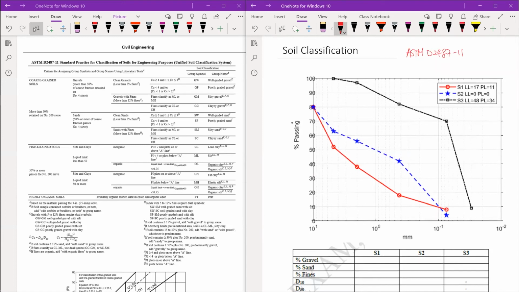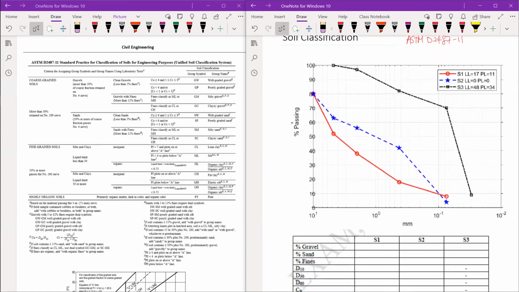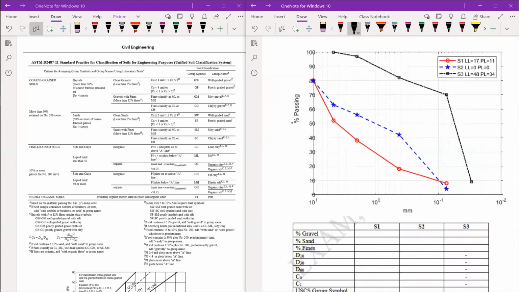First, when I see this grain size distribution curve, we need to read the axes. The y-axis is percent passing, and the x-axis is the particle diameter on a log scale, reading 0.01, 0.1, 1 millimeters, and also 10 millimeters.